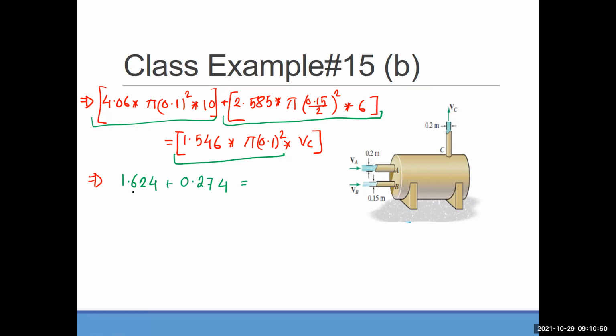Are you sure this one is 1.624? That's what I think. That should be 1.27. I don't have the breakdown of the calculation, but from section 1, I kind of know that it should be 1.27. Okay, 0.274. And what is the answer here?